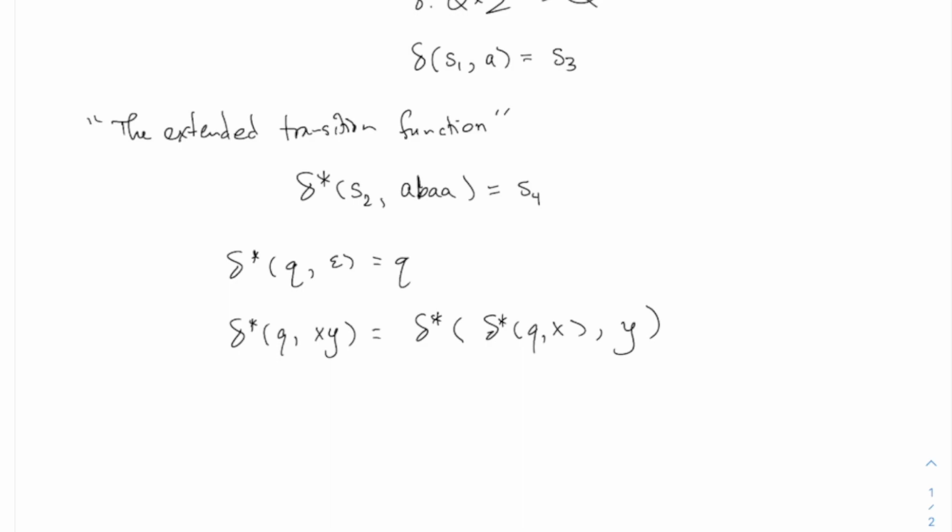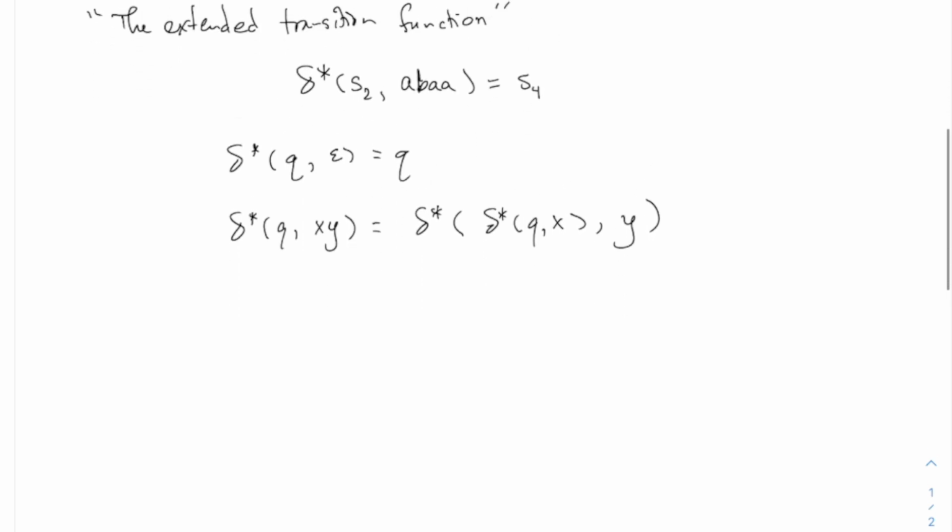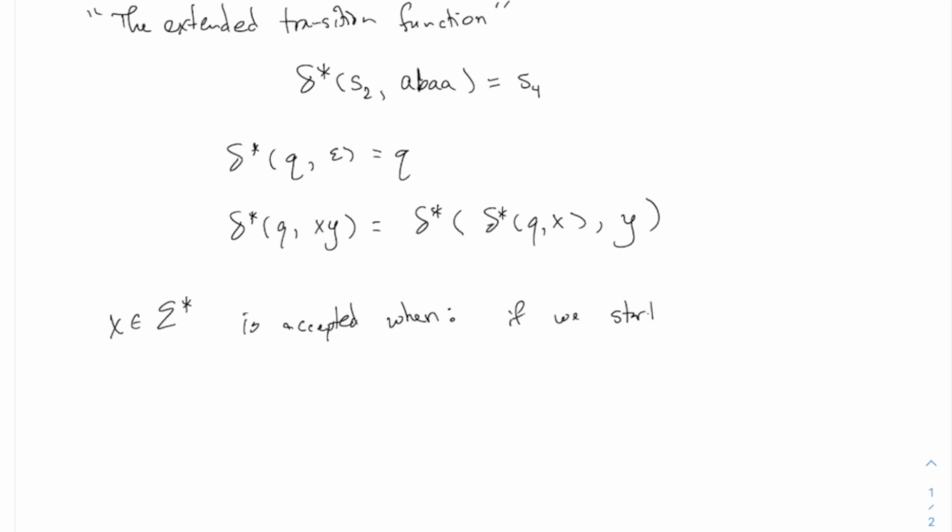All right. What I would like to talk about is a formal description of what it means for a string to be accepted. Let's say x in sigma star, that's a string, is accepted when, I'm just going to write it in words first.